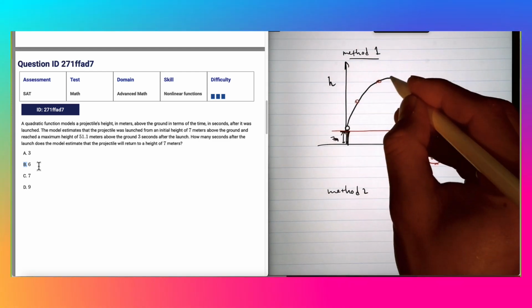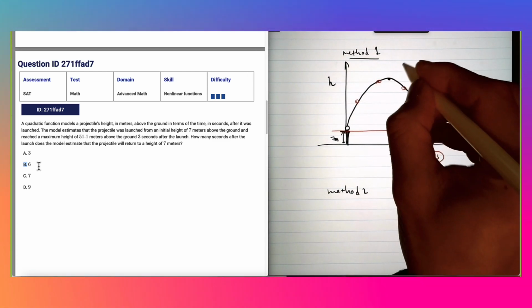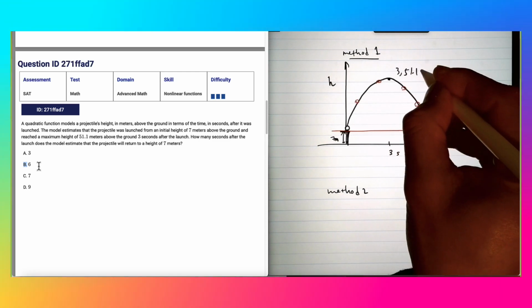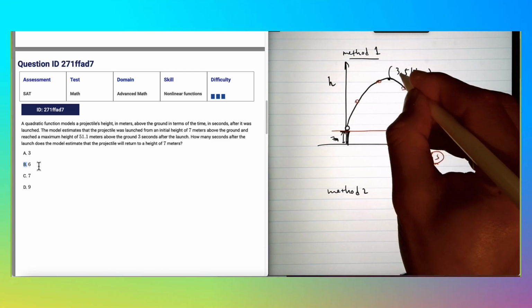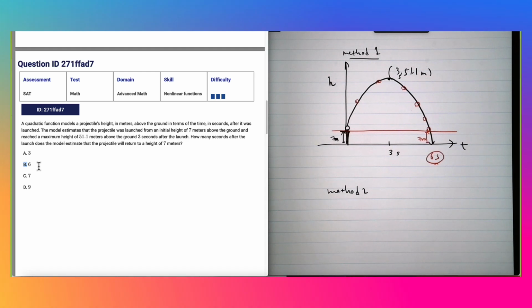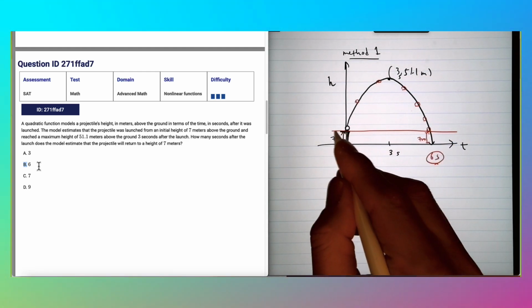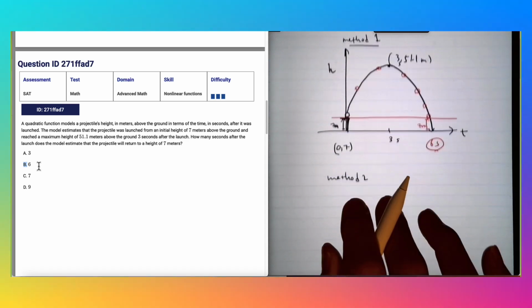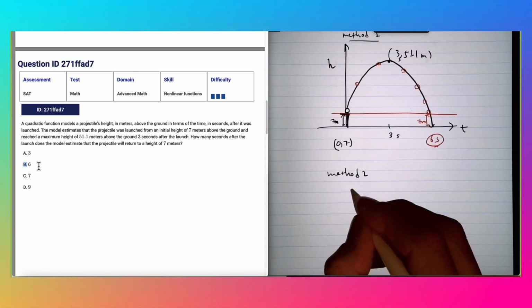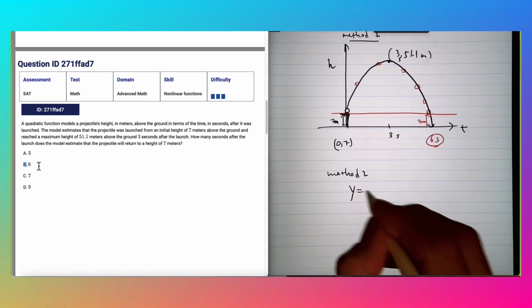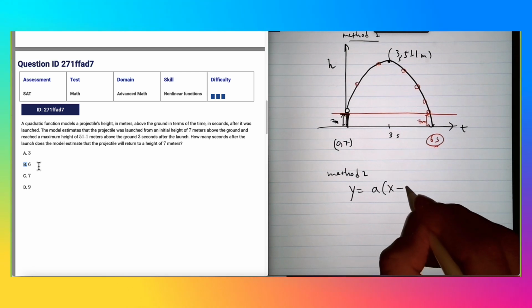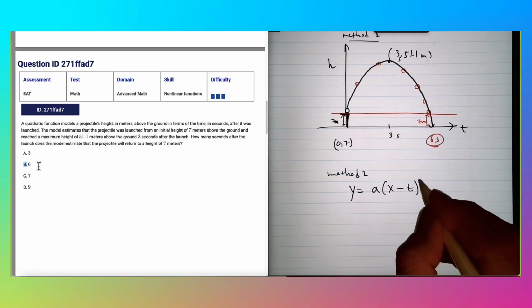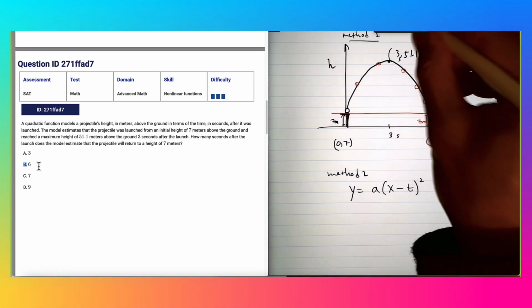sure, we can use this point, the maximum, 3, 51.1, and that's 3 seconds. And from that, and knowing the y-intercept at 0, 7, I can just write down the vertex formula. y is equal to a times x minus 3 squared, plus 51.1.